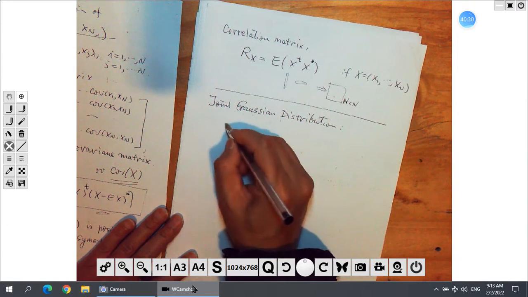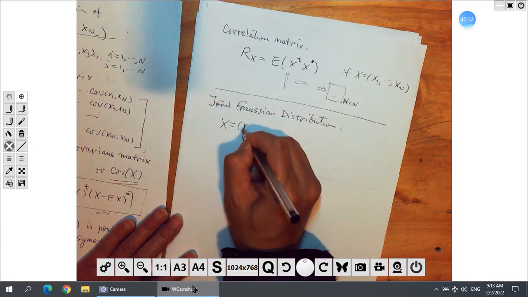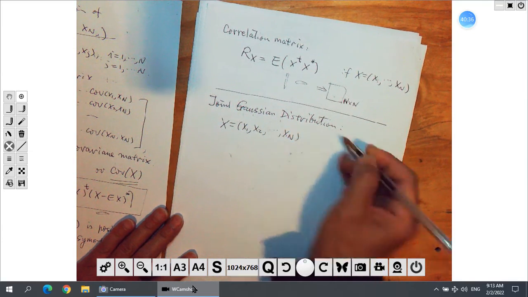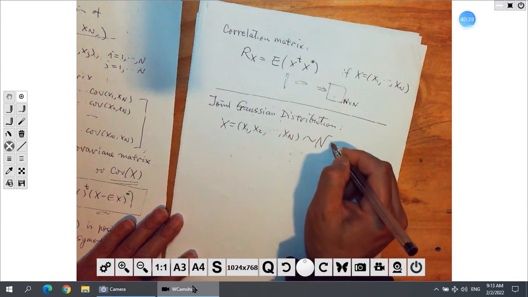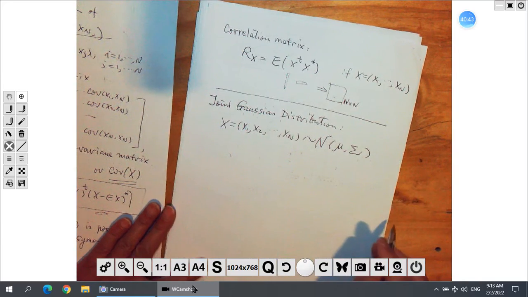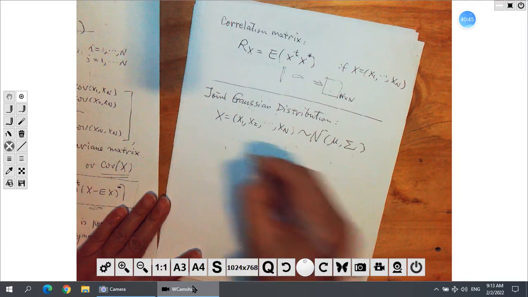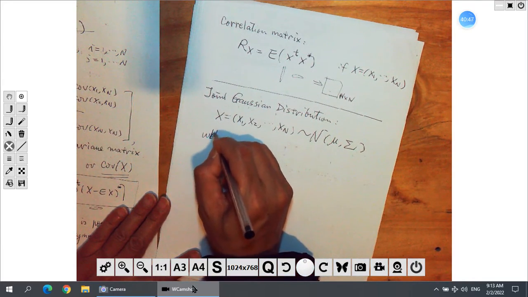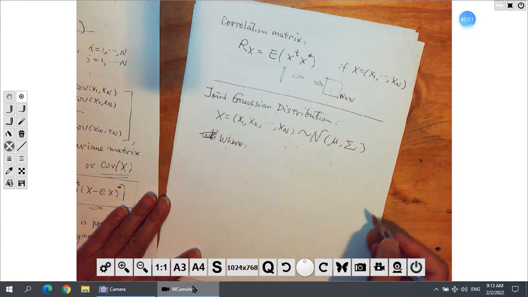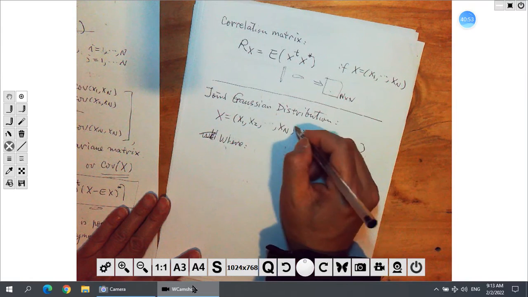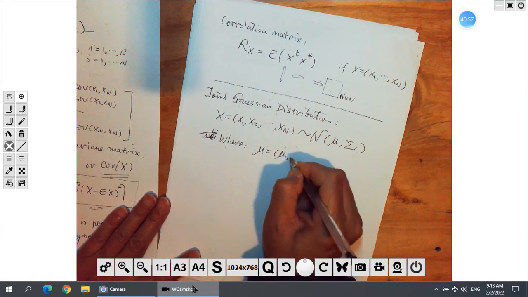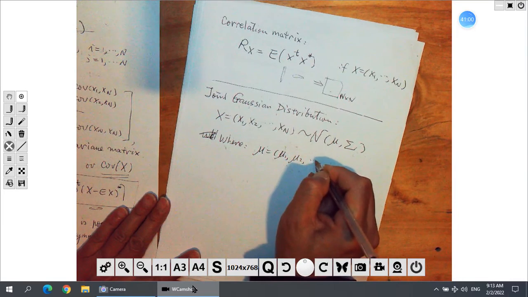We say x equals x1, x2 until xn, a multivariate normal distribution, with mu and sigma, where mu equals mu1, mu2 to mu n.